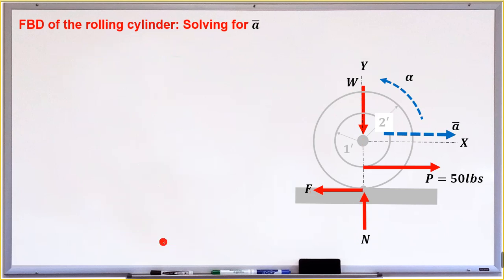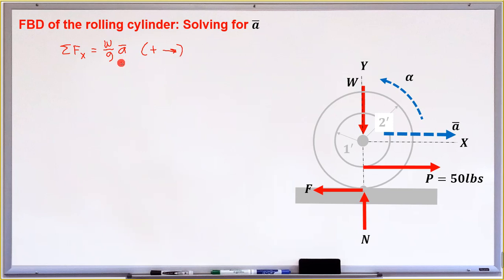Next we are going to solve for the linear acceleration of our solid cylinder. To do that, we take the summation of forces along the x-axis, which equals the weight over g times the linear acceleration, taking positive to the right.